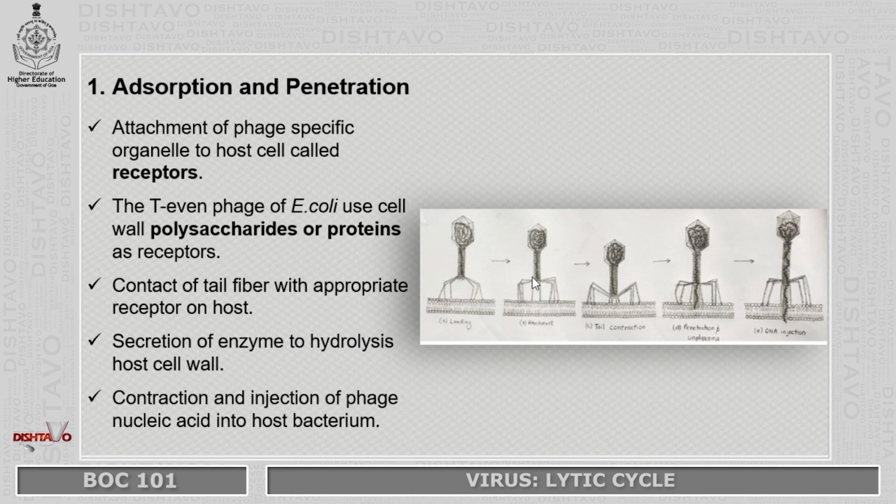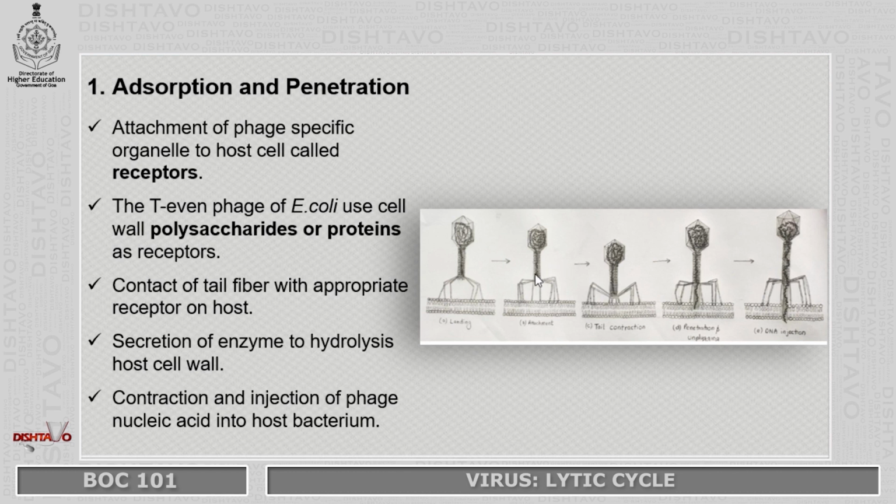Then, once the bacteriophage recognizes the host through the receptor site, the other tail fibers come and attach onto the host cell. In the third diagram, the base plate comes and sits onto the receptor sites, and there is a conformational change wherein the entire phage reorganizes itself.